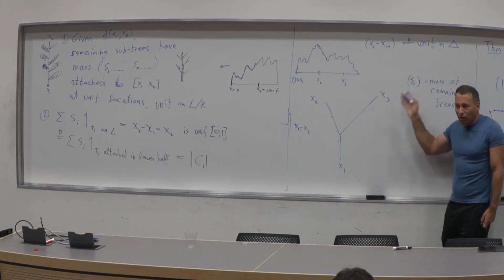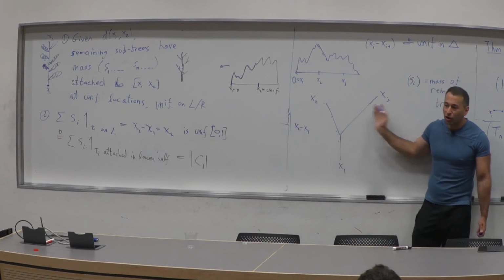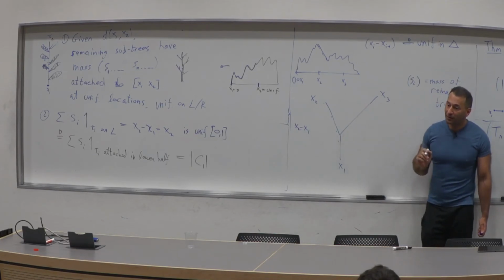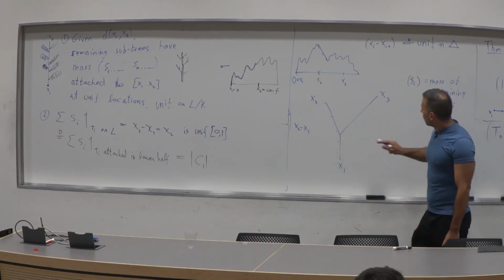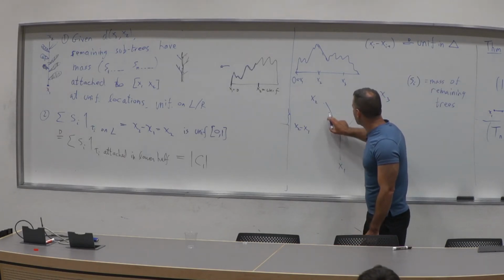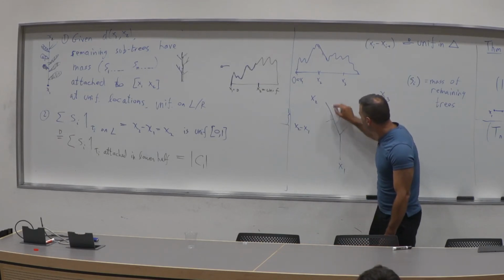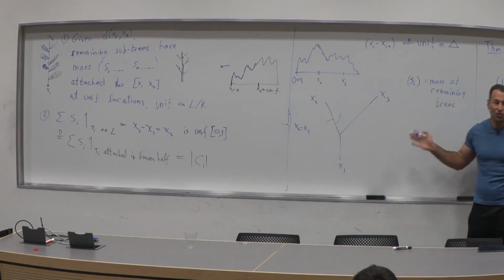I'm going to condition on this sequence, and each one of them is attached at a uniform point and on a uniform side. So in particular, each of the subtrees has a certain probability of being attached into the first contour, a certain probability of being attached into the second contour, and a certain probability of attaching on the third contour.